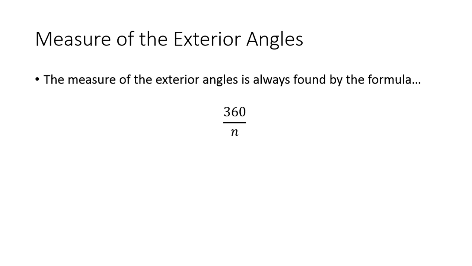If we want to find the measure of each exterior angle in a regular polygon, remember these have to be regular, we take 360 and divide it by how many sides, because 360 is always the total. The interior changes based on the number of sides, but the exterior does not. So the exterior is always 360 divided by how many sides there are.